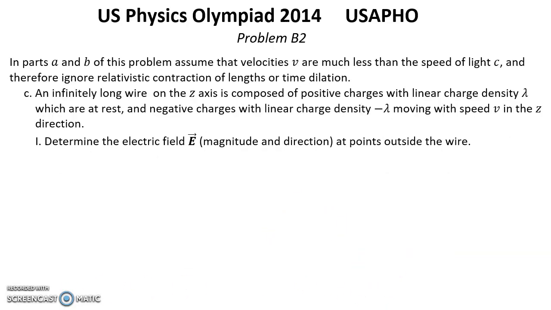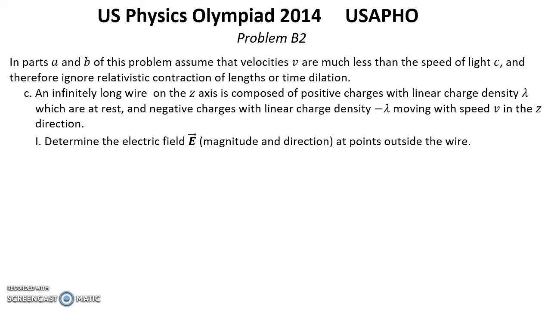Part C. An infinitely long wire on the z-axis is composed of positive charge with a linear charge density lambda, which is at rest, and negative charges with a linear charge density negative lambda, moving with the speed v in the z direction.